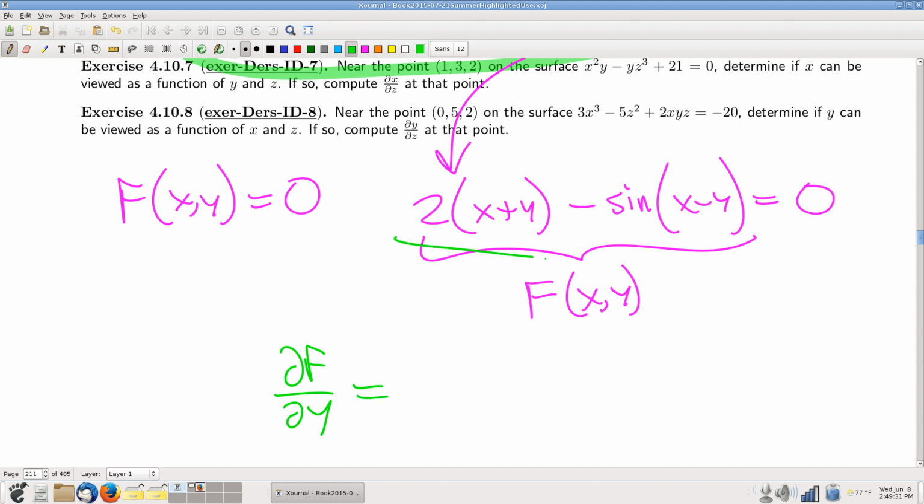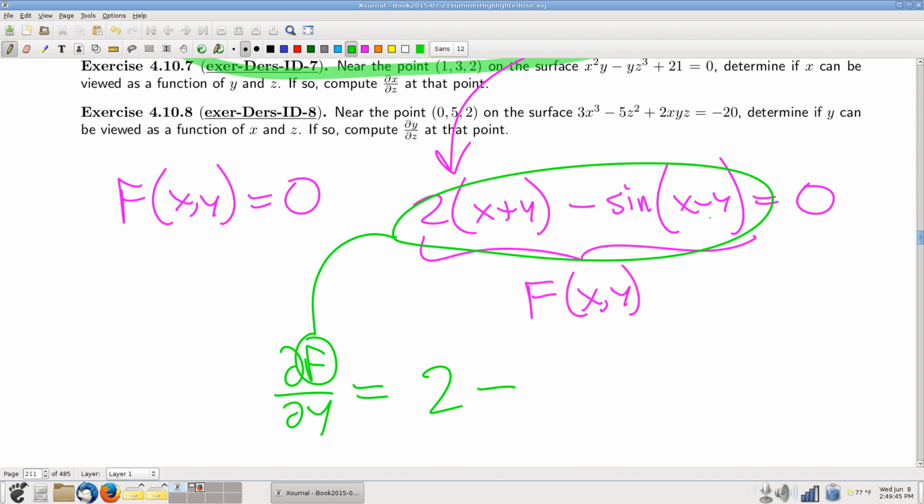So taking the partial derivative with respect to y, I get 2 minus, now taking the y partial over here, I'm going to kick out another minus sign because of the minus y on the inside. So grand total I get plus cosine of x minus y. So that's that partial derivative.